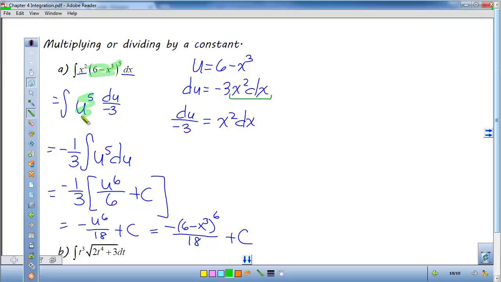That's this piece. And then for x squared dx, we found that it was equal to du over negative 3. So we substituted there du over negative 3. And then we were able to factor out our negative 1/3 and then use our power rule to continue.